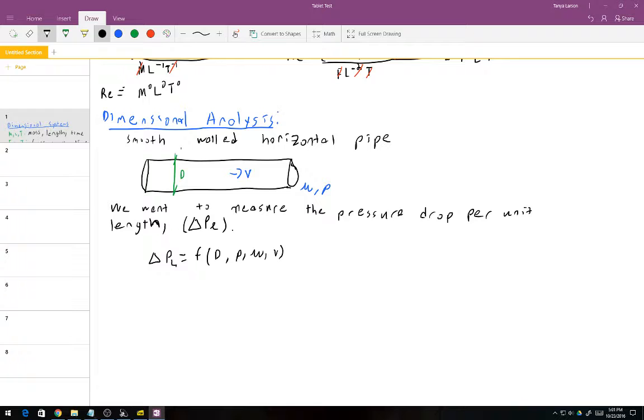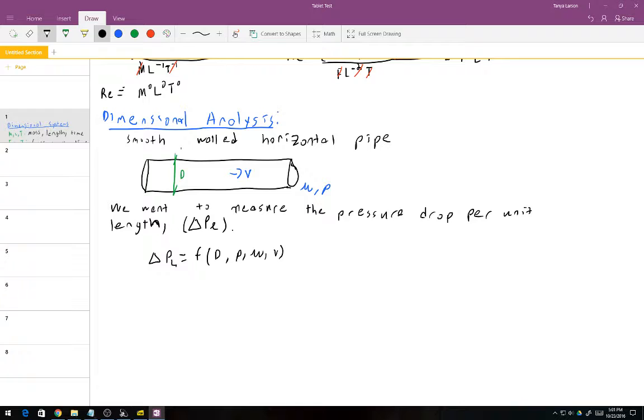I would have to investigate rho while holding d, mu, and v constant, etc. So I would have to do a whole series of experiments, in each case holding three variables constant while changing just one. That way I can have a clear relationship between one variable and the change in the delta P sub L.